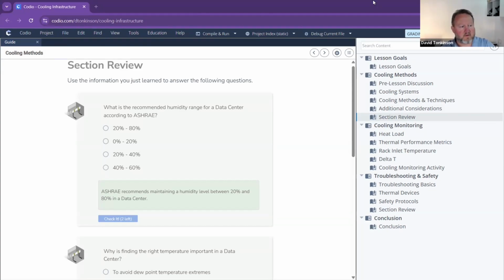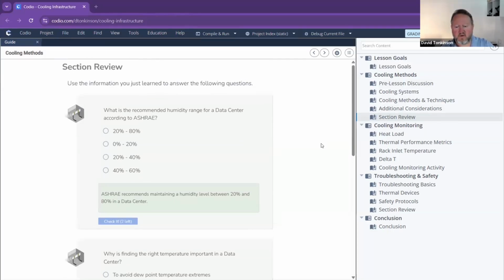Yeah, a couple of you typing a few questions there. Or typing anyway. Section review at the end of cooling methods. So let's see it here. Have you found that, Joshua?